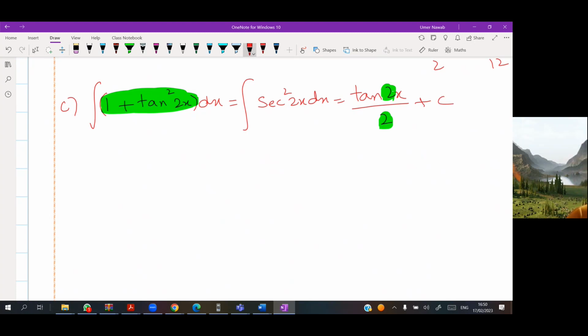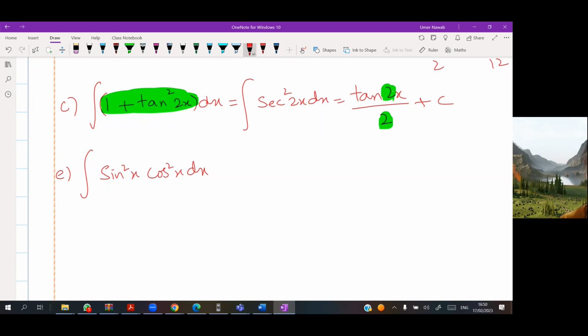Next, we give you the e part, sine squared of x and cosine squared of x dx. Yes, in order to solve this type of question, I need to think about the double angle identities. Guys, do you still remember the double angle identity which we took for the sine?